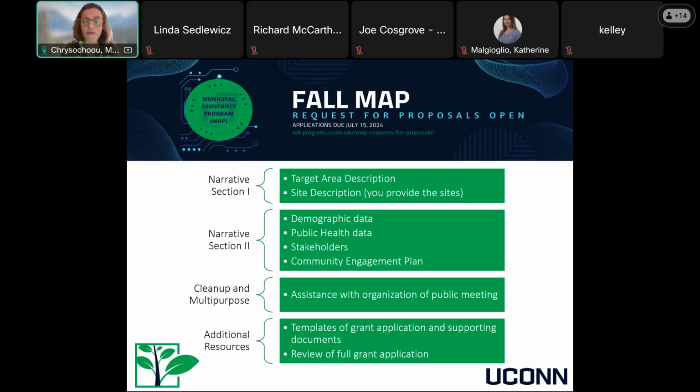We can pull the demographic and public health data for you, and the community engagement plans. We can also help you with organizing the public meeting, though multipurpose is not applicable this year. And we also provide templates for the grant application and supporting documents and a full review of the grant application as part of the municipal assistance program.